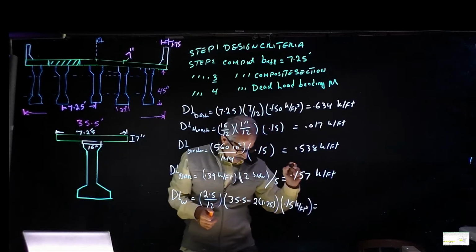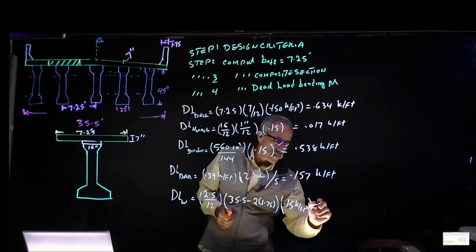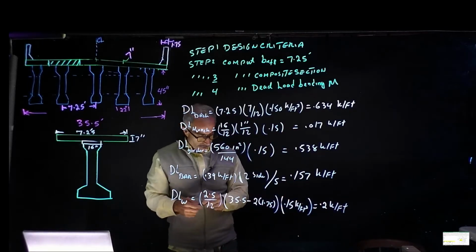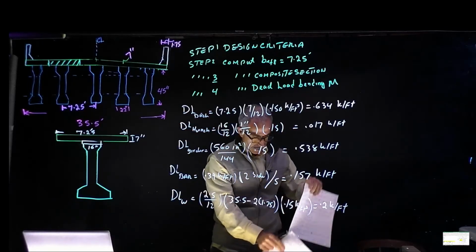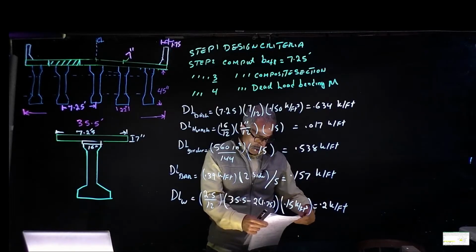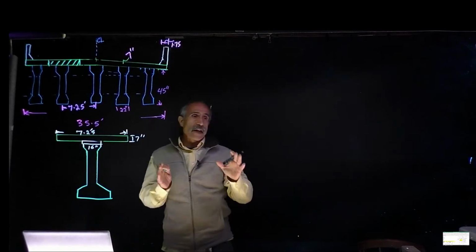And the answer should come out to 0.2 kip per foot. And I'm running out of room right here. So keep these calculated. I just erased the board.